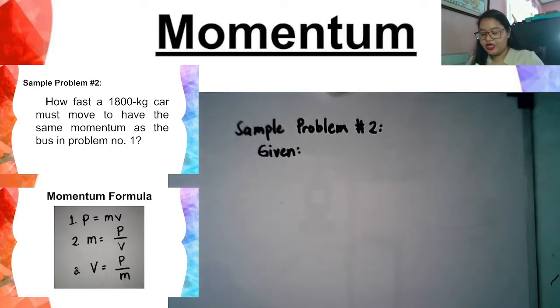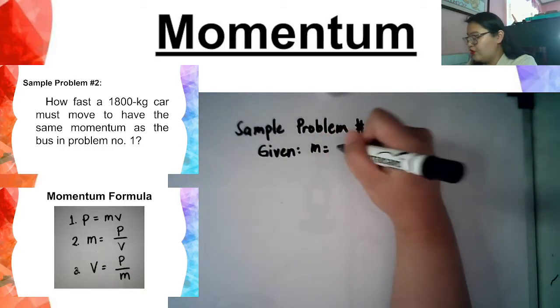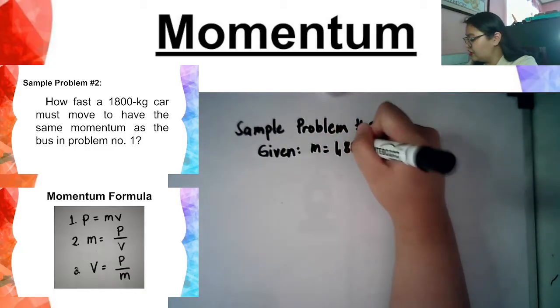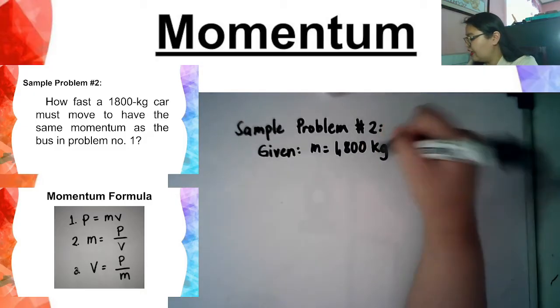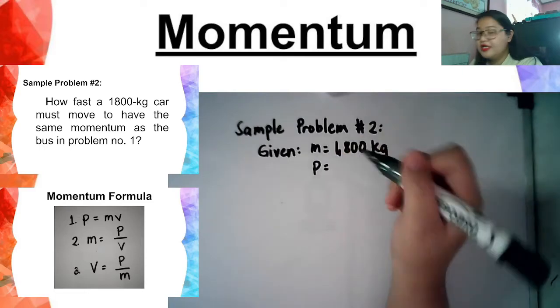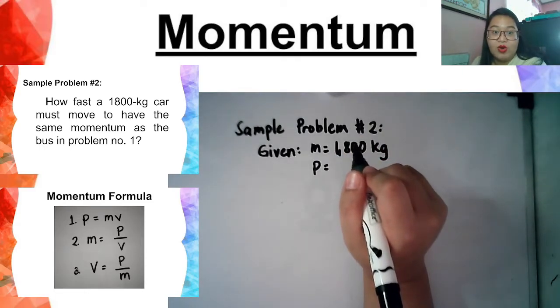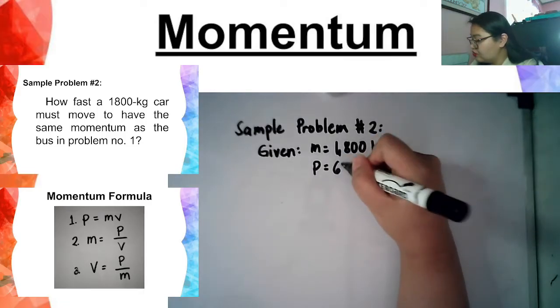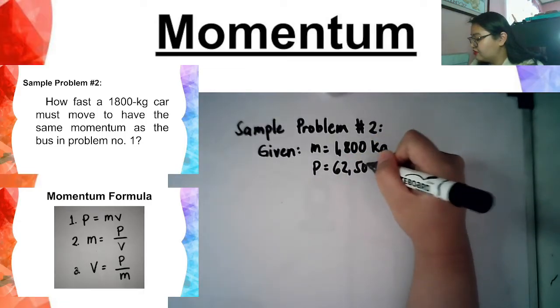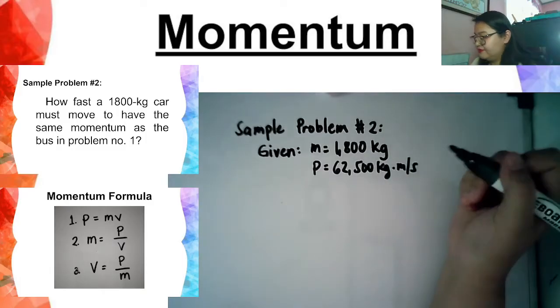So therefore, our given quantities are, so we have the mass of the car, which is 1,800 kilogram. And then we also have the momentum. So we have small letter p. Sabi kasi, same momentum as the bus in problem number 1. So that is 62,500 kilogram meter per second.